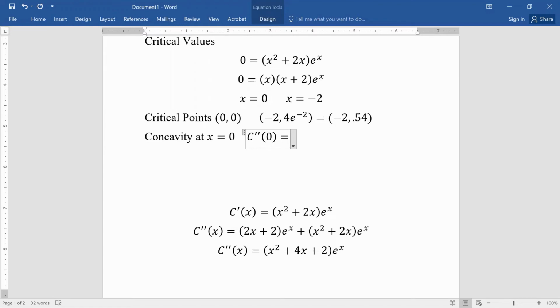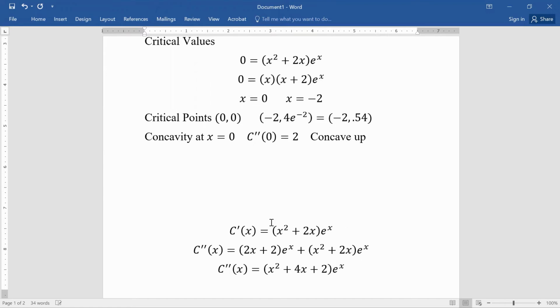I end up with 2 times e to the 0, which is positive. The only thing I care about is that it's positive. I know my function is concave up at the critical point 0, 0.